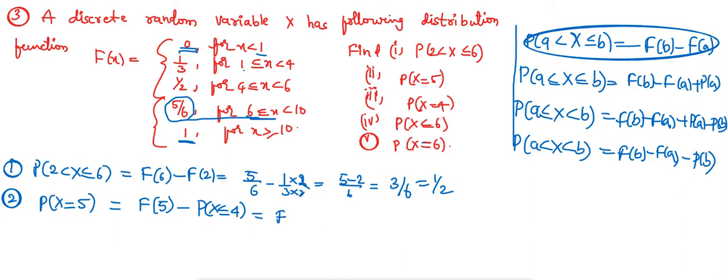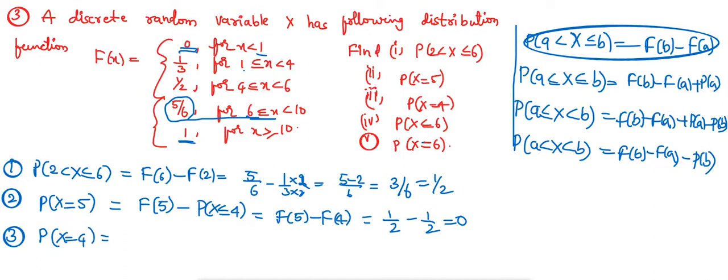That is nothing but F of 5 minus F of 4, and then we get only the probability of x equal to 5. The functional value at 5 lies in between 4 and 6, so the value is 1 by 2, minus F of 4, which is also in that interval only, so it is minus 1 by 2. It becomes 0.